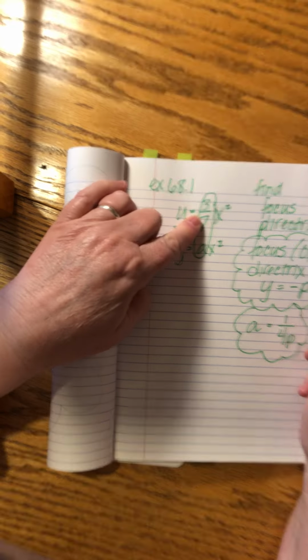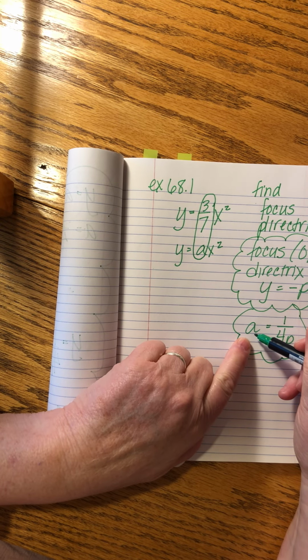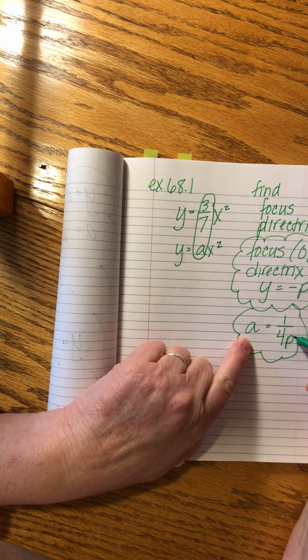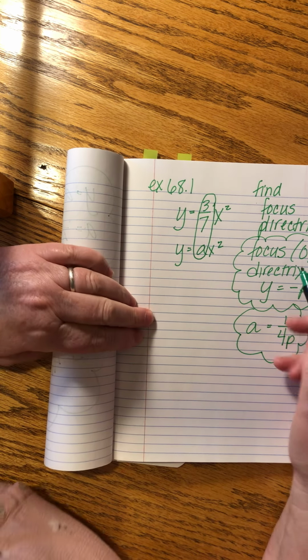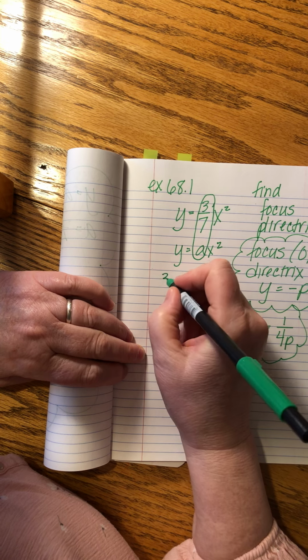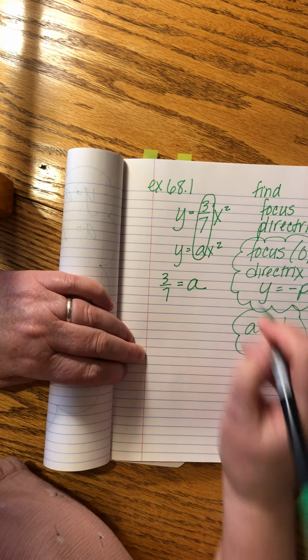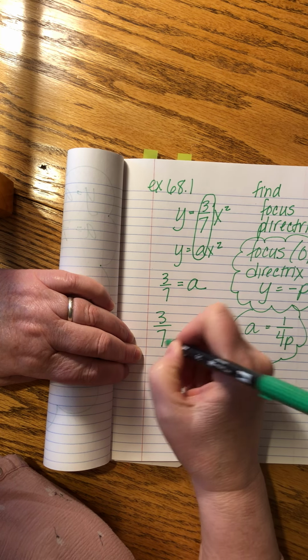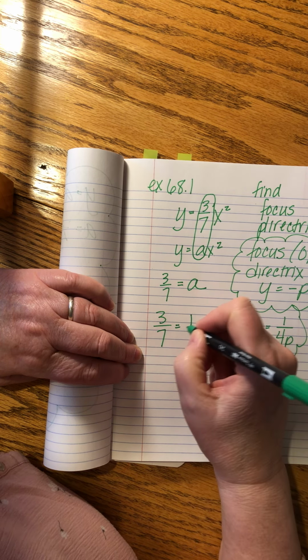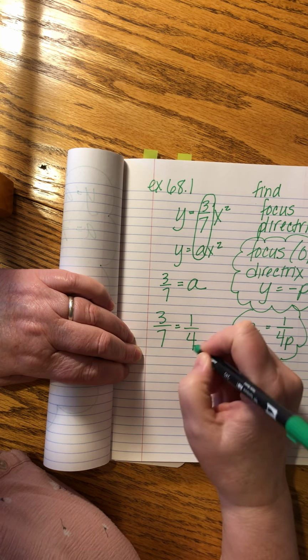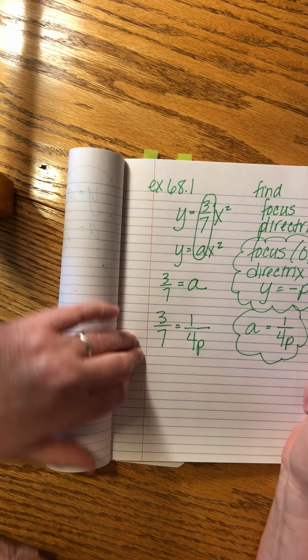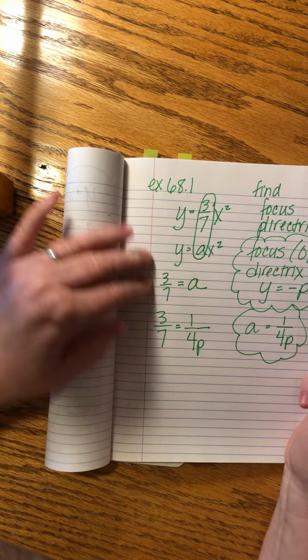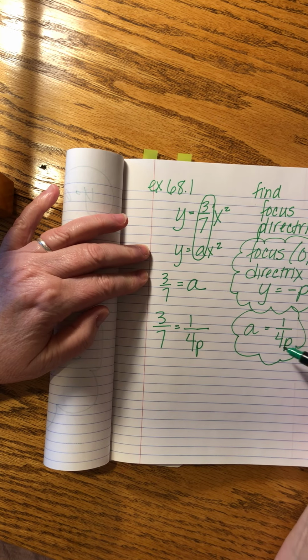So we can take the 3/7, plug it in here, solve this for p, and then we'll have all the information we need. So 3/7 equals a equals 1 over 4p. The p is in the denominator. That's kind of weird, but it's not a floating p, it's down in the denominator. So let me just point that out to you.